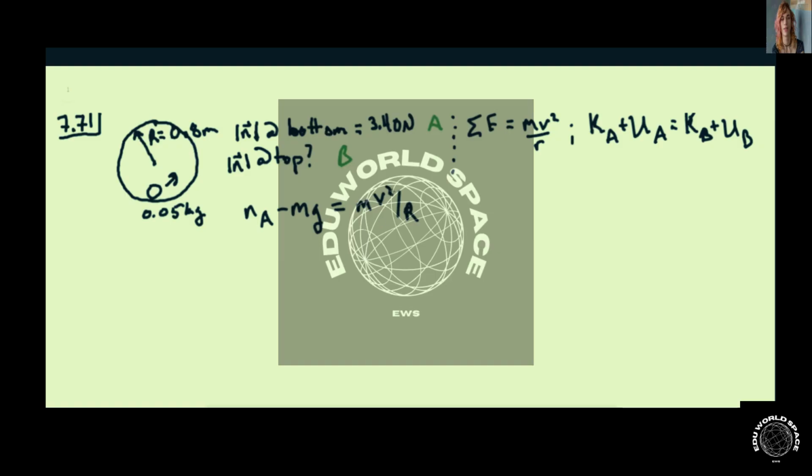This part is the acceleration, and multiplying it by the mass makes it the force. So the speed at A is 6.82 meters per second.